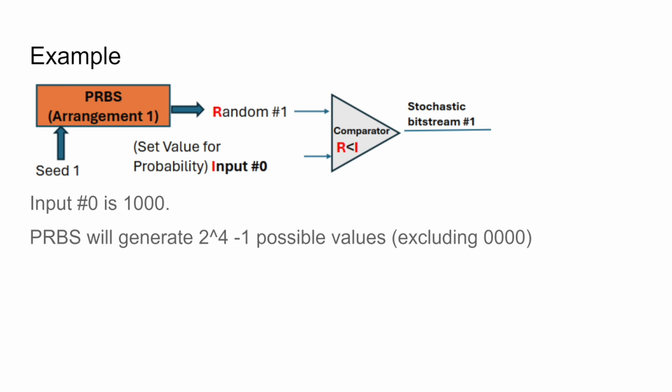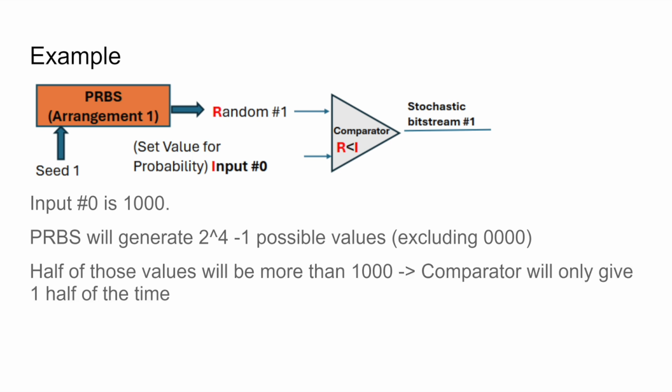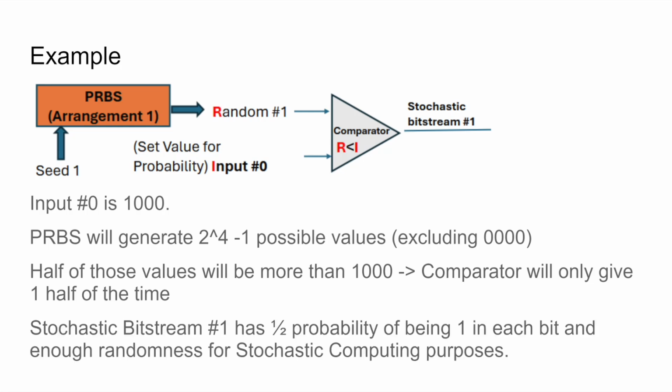The PRBS will generate all possible combinations of values for that number of bits. So half of the time, those values will be more than 1000, and so the comparator will only give a value of 1 half the time. So you've managed to generate a stochastic bit stream that has half probability of being 1 in each bit and enough randomness for stochastic computing operations.